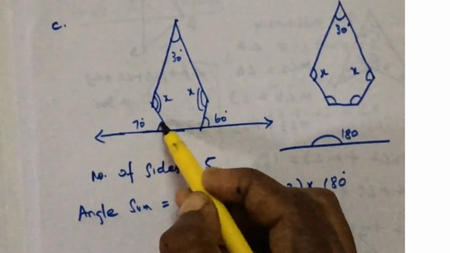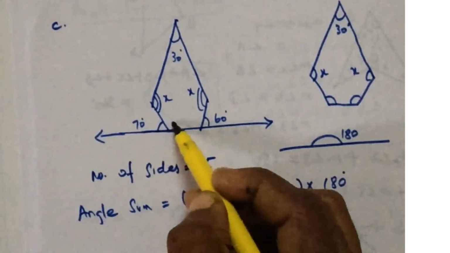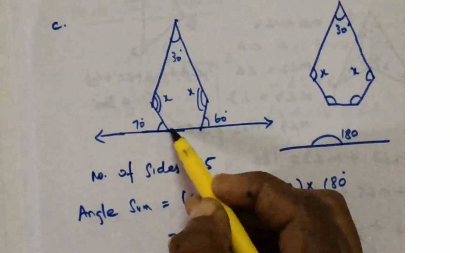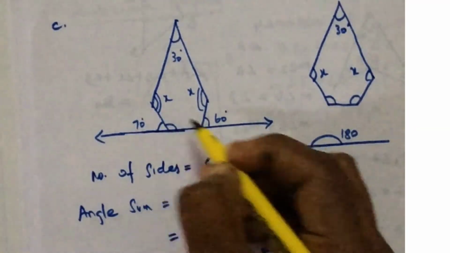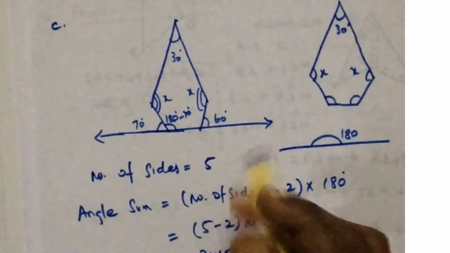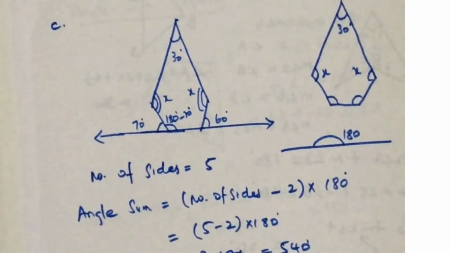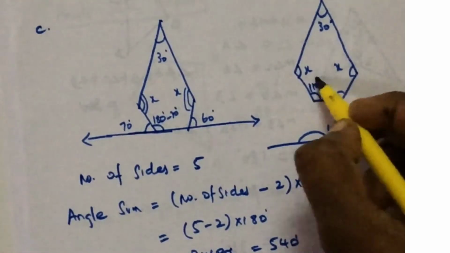If this is 70 degrees, the remaining part is 180 minus 70, which is 110. So this part is 110.